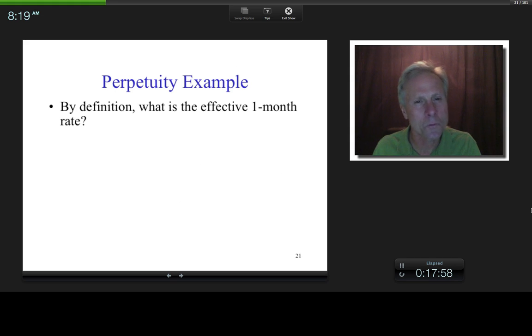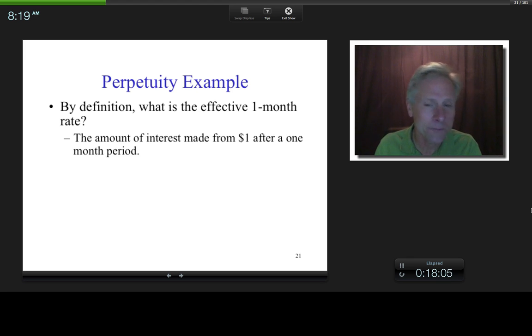So what is an effective monthly rate? Well, the amount of interest made from $1 after 1 month, right? Now we know that $1 grows into $1.02 after 1 quarter, right? That was the effective quarterly rate that we calculated. So how many months in a quarter? 3 months, right?